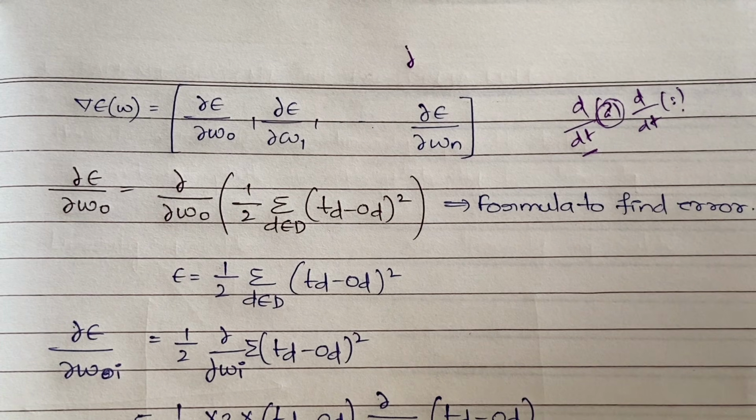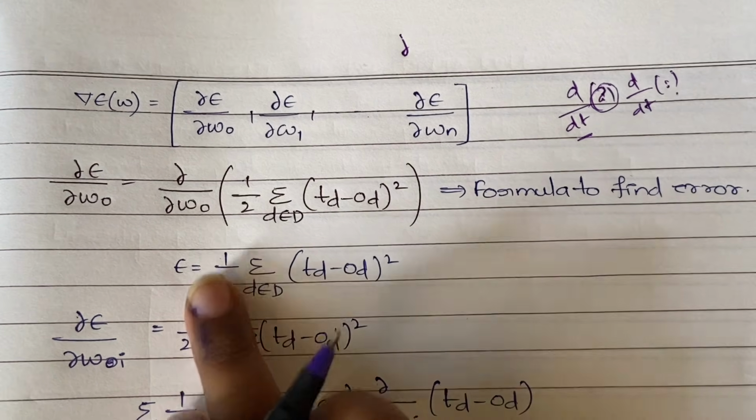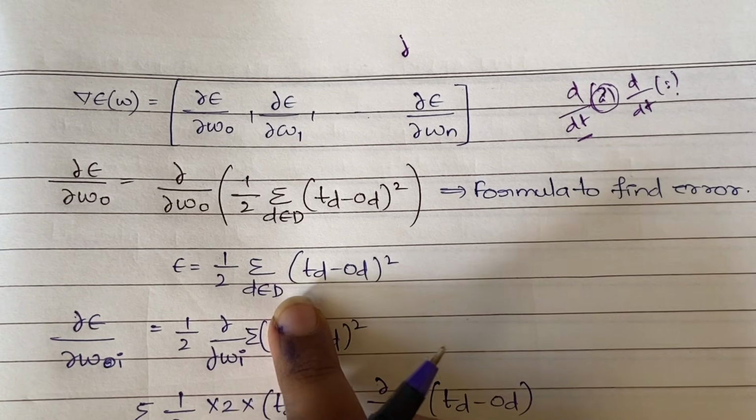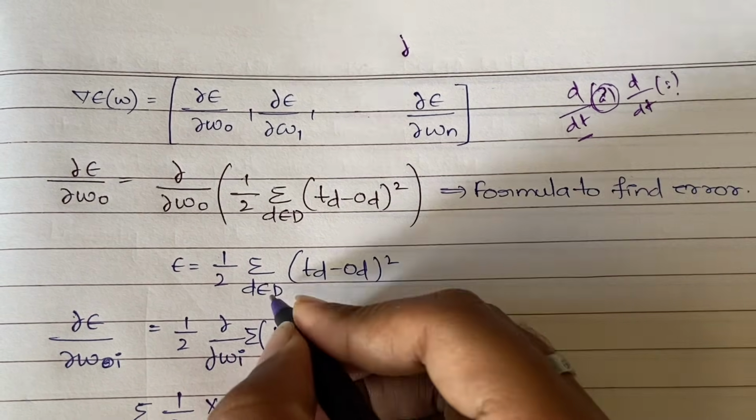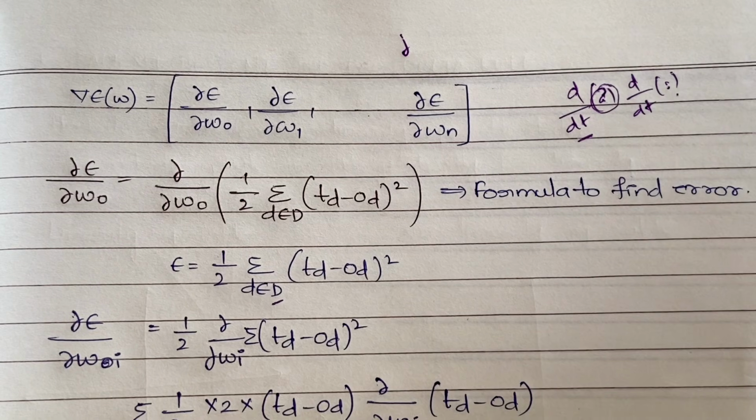Now, what is the formula for E? You have to differentiate E, so what is the formula for E? The formula for E is half sigma d belongs to D. Here d is one particular training example, and capital D stands for the entire set of training examples. So for each and every example in capital D, you have to do the differentiation and add up all of them.